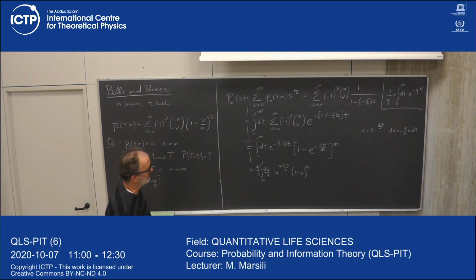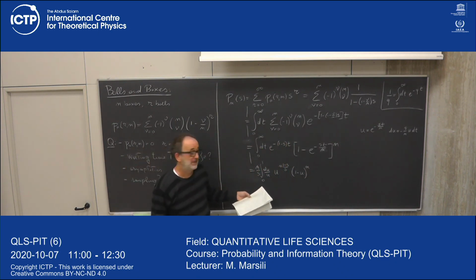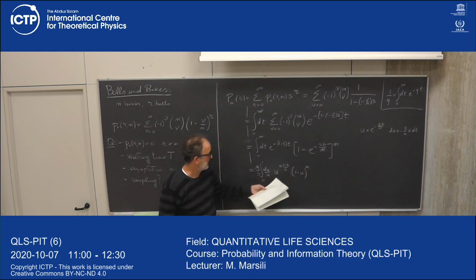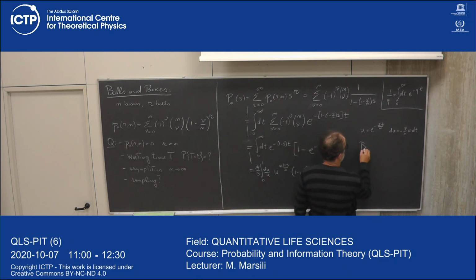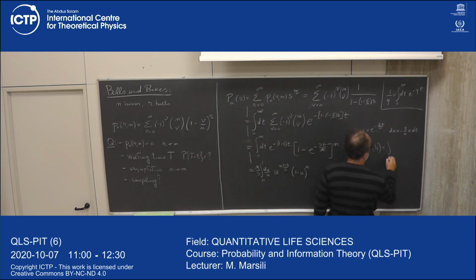Okay, so this is a simpler expression because essentially this integral is just a beta function. So the beta function is just defined as the integral from 0 to 1 of u to the a minus 1, 1 minus u to the b minus 1.